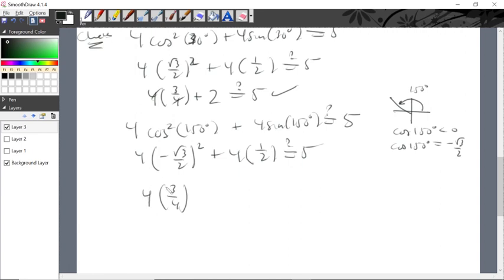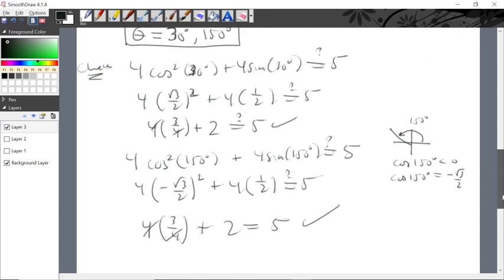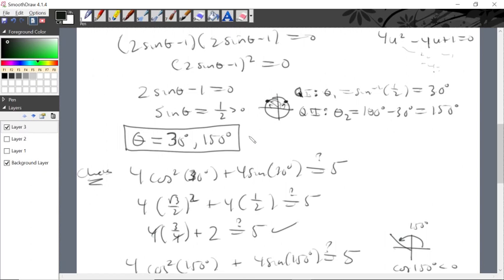So we have 4 times 3/4 plus 2, and that equals 5 again. So yes, we found the two solutions contained within the interval from 0 degrees to 360 degrees. 30 degrees and 150 degrees are those two solutions to the original equation.